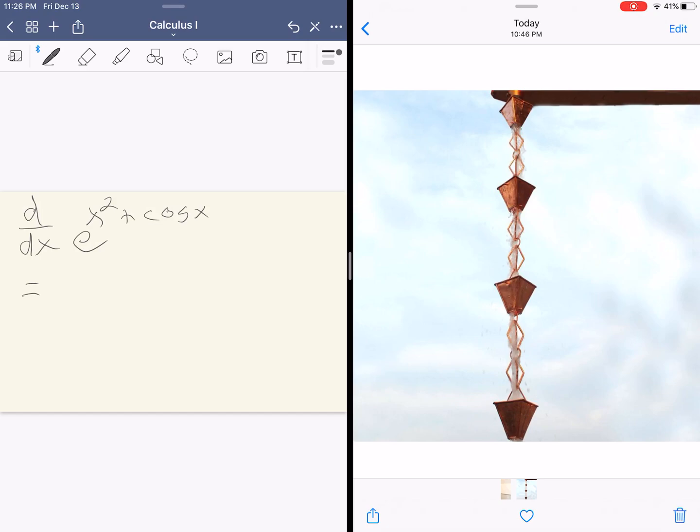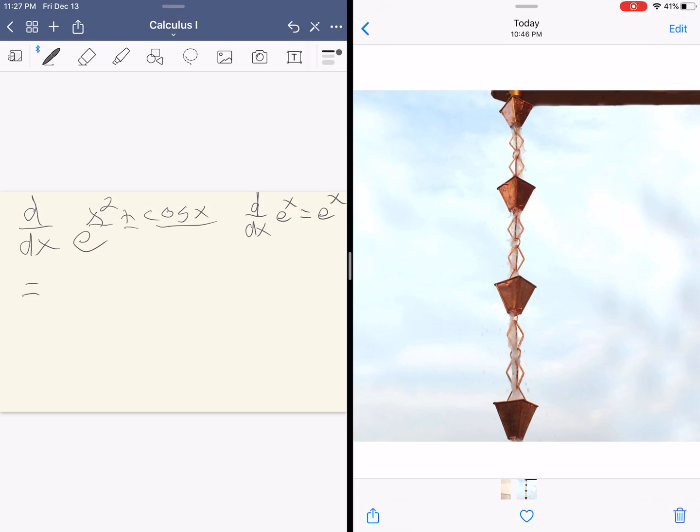Well, this function looks a lot like e to the x, and we know that the derivative of e to the x is e to the x. However, this function is more difficult, right? Because the argument is not x, it's not just x. The argument, it's x squared plus cosine x, which is not just x.